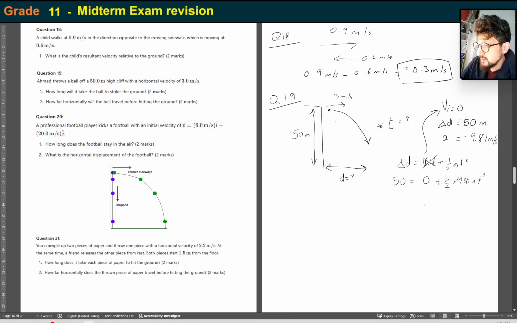And so if I do some mathematical gymnastics, I can say that 50 divided by half times 9.81 is equal to t squared. Therefore t is equivalent to the square root of 50 over 5, which is approximately 10, and the square root of 10 is approximately 3.1 or 3.2, somewhere around there.